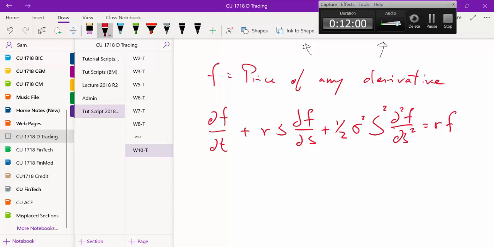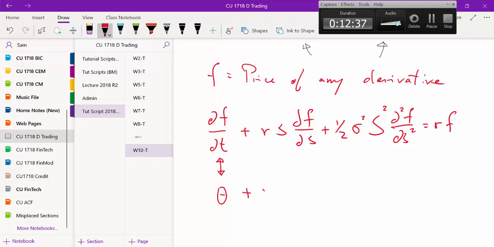Now don't worry when you see this, and you'll find that by the end of this tutorial, you practically don't have to remember it because you're going to understand it so well. So my job for today is to reduce this complexity or apparent complexity into something that is very simple for you. Okay. First of all, df dt, if you want to use a Greek letter, that is actually theta. Okay.